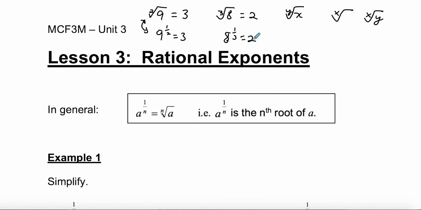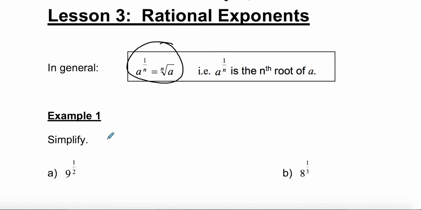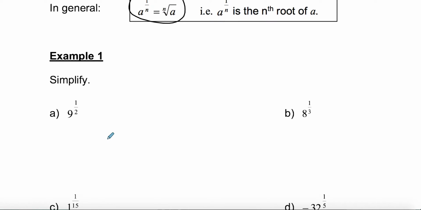That would be 2. So this little rule here is just explaining that. The nth root of a is the same thing as a to the power of 1 over n. A little weird at first because it's just a new sort of rule or definition that you're not used to, but really it's not too bad to get used to.